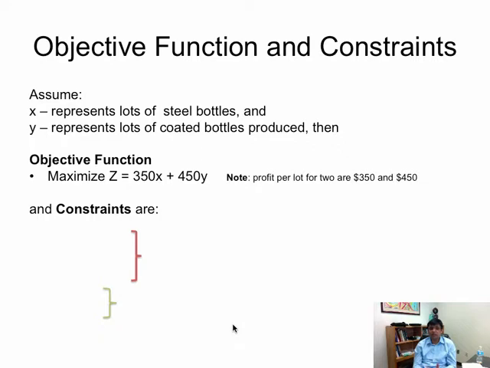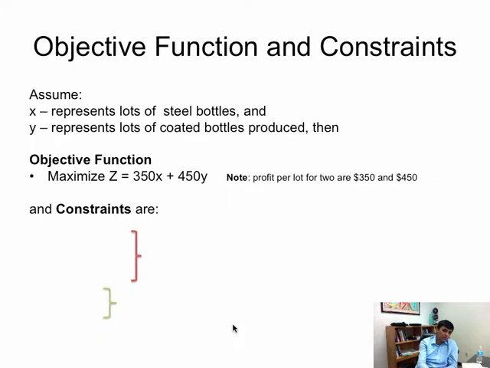The objective function in this case is that we should maximize the profit, and it is given that it is $350 per lot of steel bottle and $450 per lot of coated bottle. So our total profit function, the objective function, is z equals 350x plus 450y.